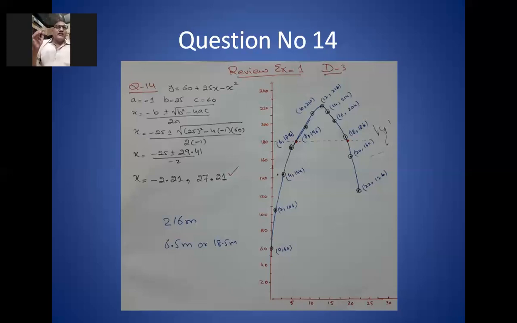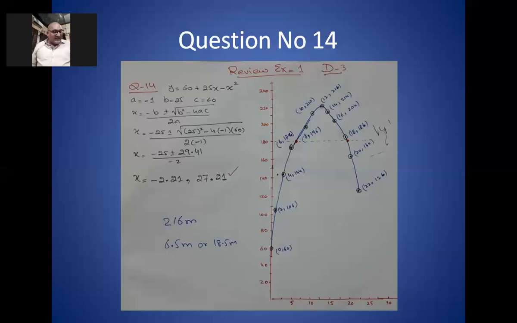For example, the coordinates are 0, 60; 2, 106; 4, 144; 6, 174; 8, 196; 10, 210; 12, 216; 14, 214; 16, 204; 18, 186; 20, 160; 22, 126. So these are the coordinates they have given.